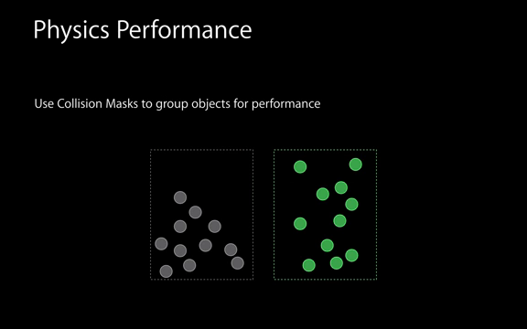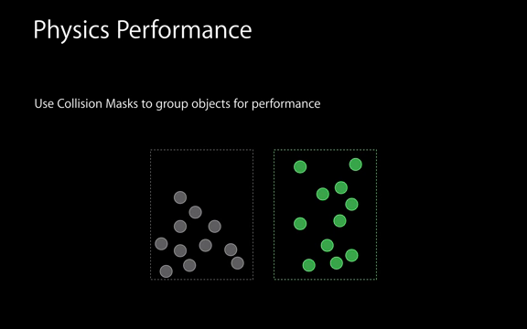All right. Collision masks is another thing that you can use to regain performance, especially in a case like this. I've got these two jars, a white jar with white marbles and a green jar with green marbles. Now, the funny thing about this is they're pretty close together, and it might be hard for the engine to actually understand that the white marbles have no way of getting in the green jar and vice versa.